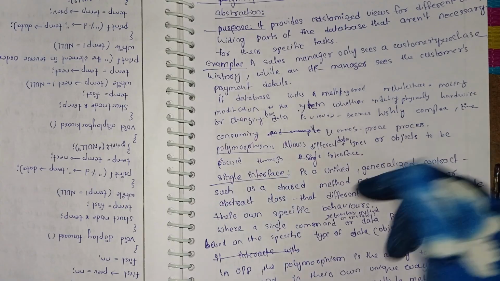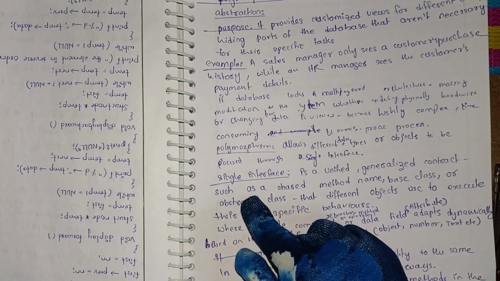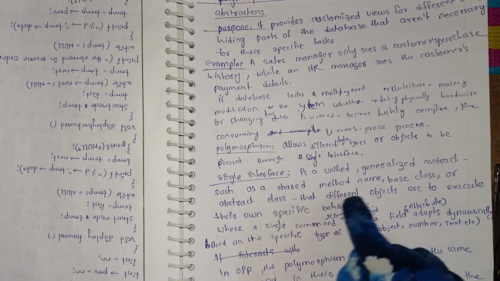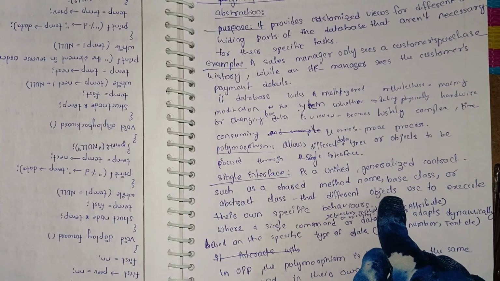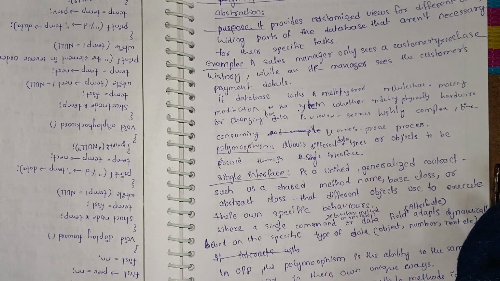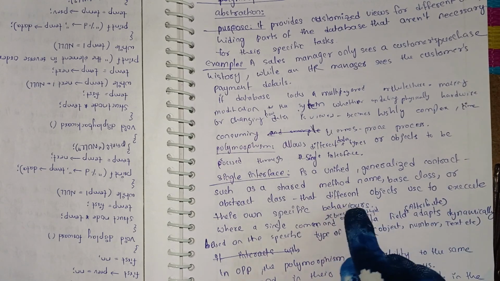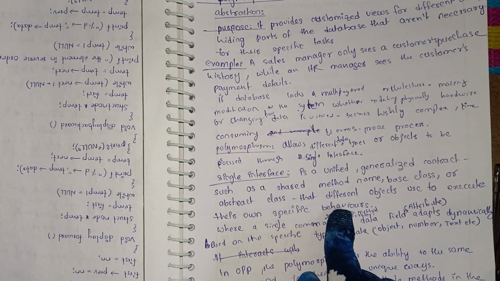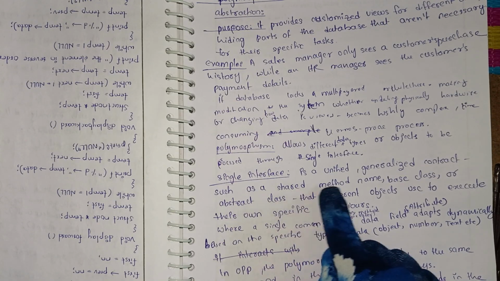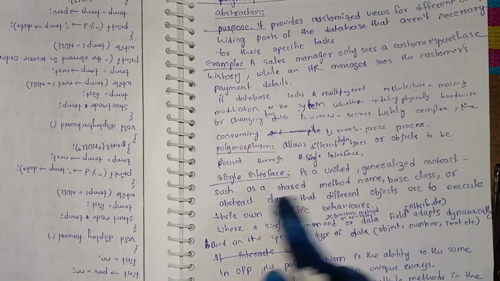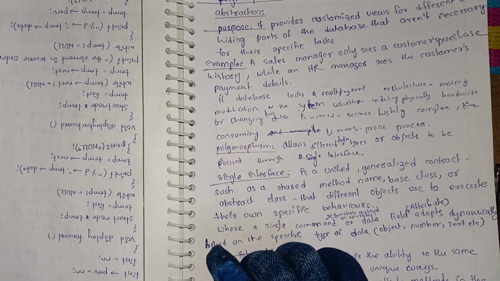The different objects execute their own methods. Here behavior means methods. They use shared method names, meaning the same method names, or a base class or abstract class.